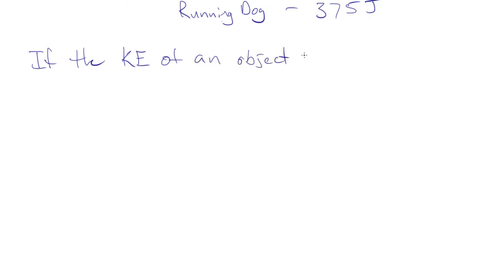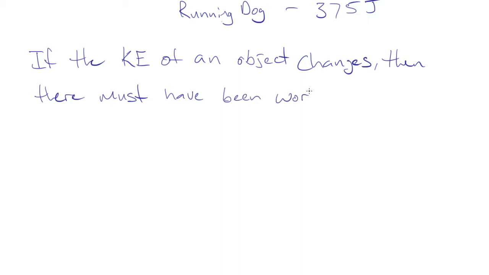The statement goes like this. If an object that has some initial kinetic energy at some initial time has a different amount of kinetic energy at a later time, in other words, if the kinetic energy of an object changes, then there must have been work done by some force.